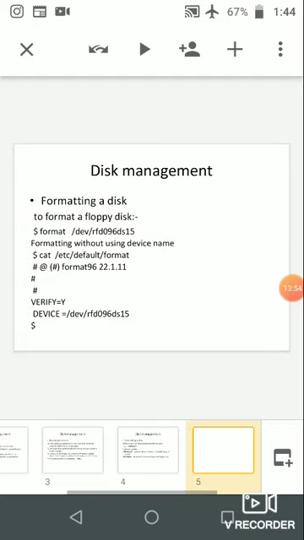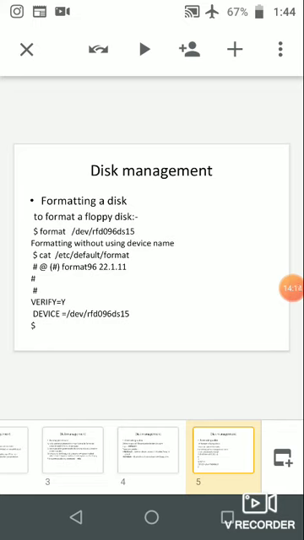Now next let us come to the disk formatting command. You can see that to format a floppy disk, you can use the command $format /dev/RFD096DS15.